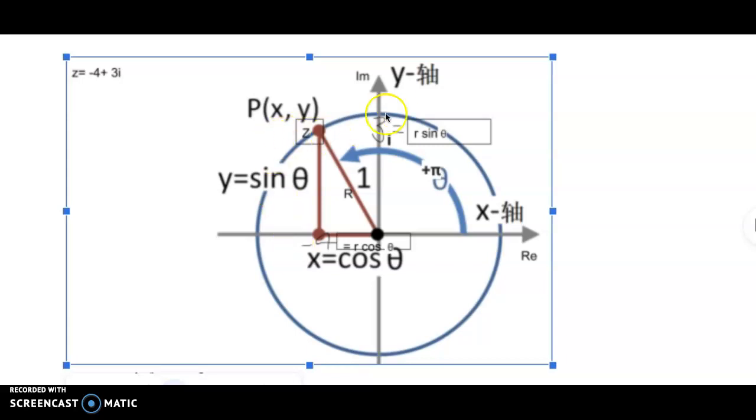I just want to remind you of some key functions in it so you understand the video as you continue to watch it. Here we have the imaginary line, the y-axis as we call it, and our x-axis stands for the real.